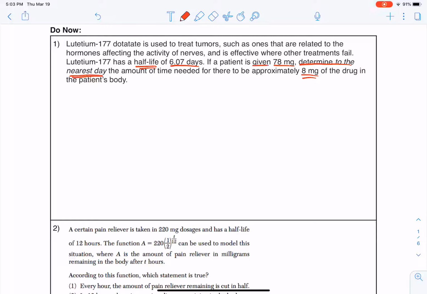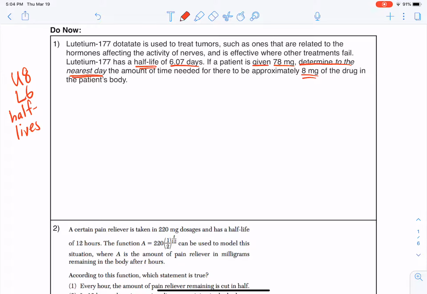So why don't I just underline the given, and that's going to help us a little bit later on. If you don't remember where a problem like this came from, it actually comes from Unit 8, Lesson 6. That's where we first took a look at half-lives.